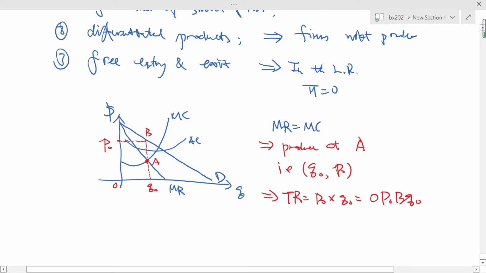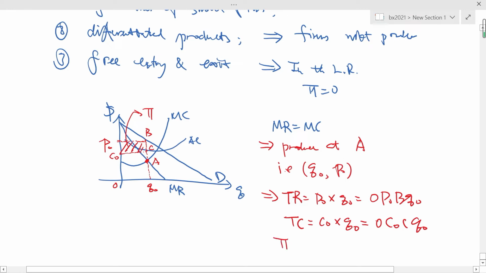Total cost, go from quantity up to the average cost curve. Let me call this point C. Read out average cost, which is C0. Total cost will be C0 times Q0, which is the area of O C0 C Q0, and the difference is profit.